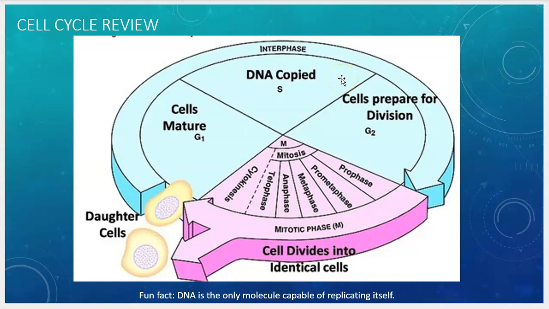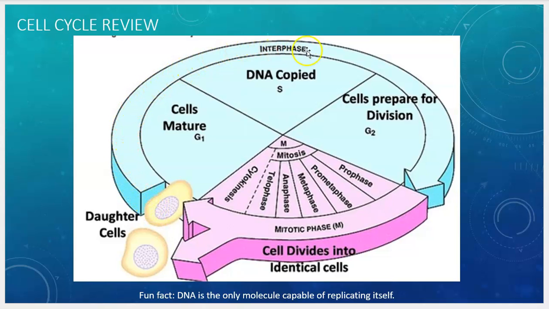And then once we have a copy of the DNA in the cell, it will prepare for mitosis and then go through the process of mitosis where the chromosomes, or the DNA, split, especially in telophase when you have those chromosomes move to either side of the two new cells. And then cytokinesis happens and you end up with two daughter cells. So if we just follow another daughter cell around, the cell will grow and mature.